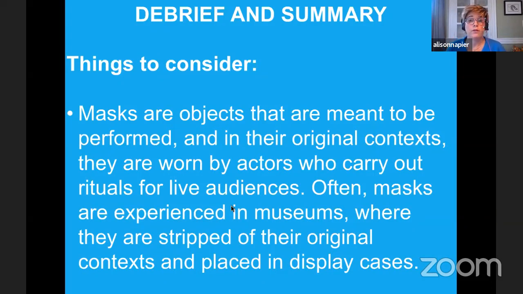So one of the reasons you have all these great contextual images in the image set is to show you these things in action. There are several good websites that will show you some of the dances for the elephant mask. I didn't find really anything with the book too much, but there are some sites out there that will help you see these things as you're supposed to see them.